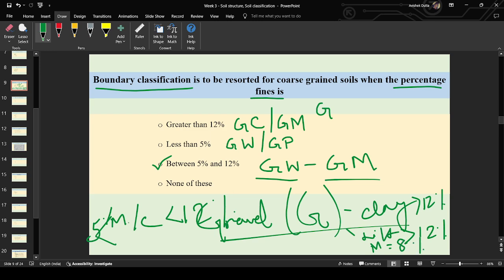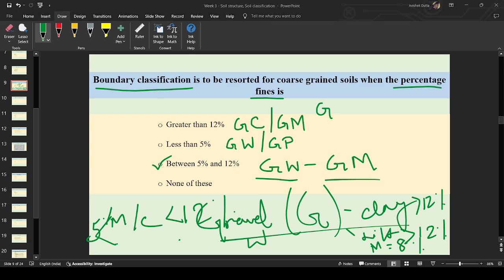So 8 is falling between 5 and 12, and suppose the gravel is well graded. At that time we will write well graded silty gravel, GW-GM, because the percentage of silt is falling between 5 and 12%, and this is called boundary classification. Okay, I hope it is clear now.